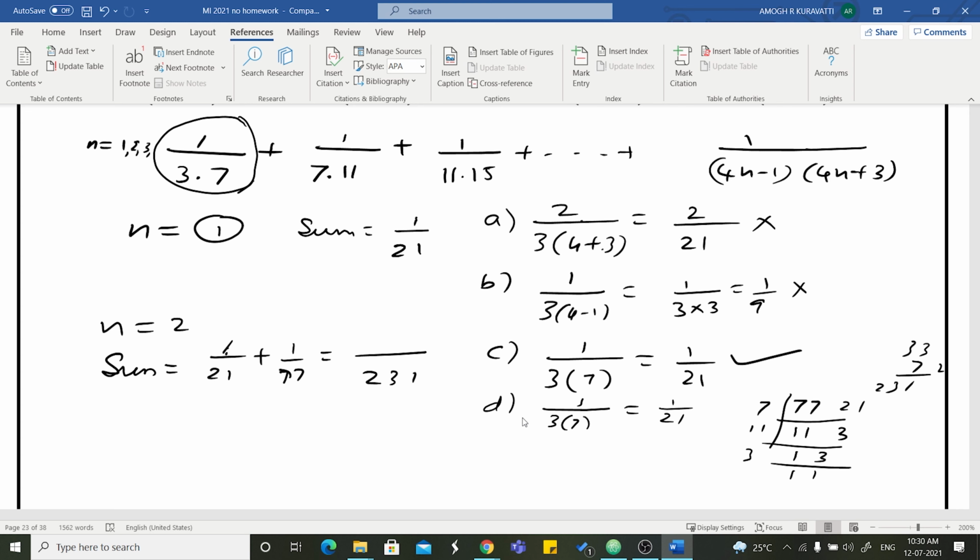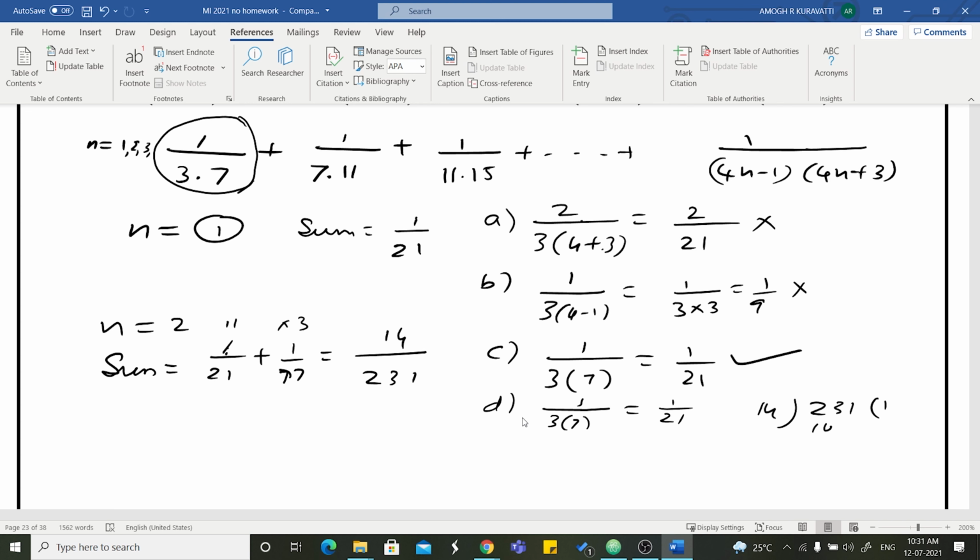Correct? 21 elevens are 77, 3 elevens are 11 plus 3, 14. 14 by 231. Divide 231 by 14. 14 ones are 14, 14 twos are not possible.